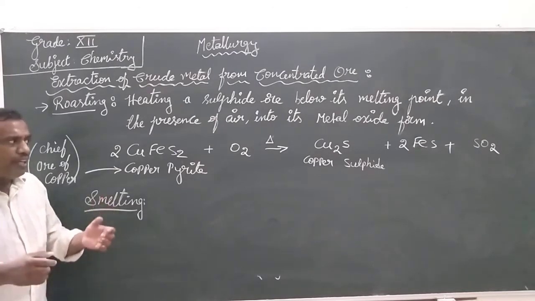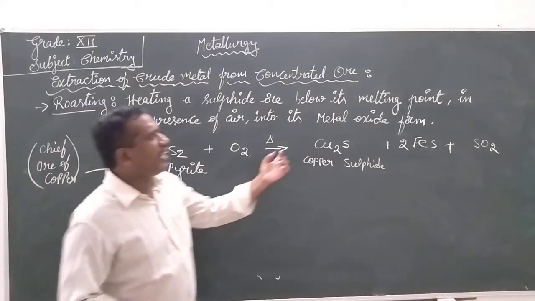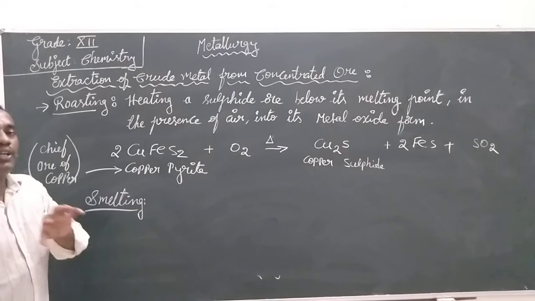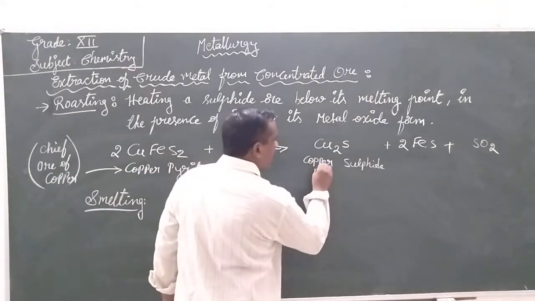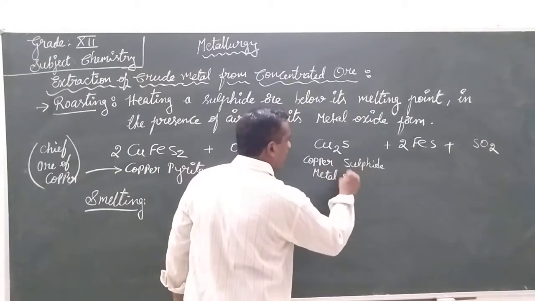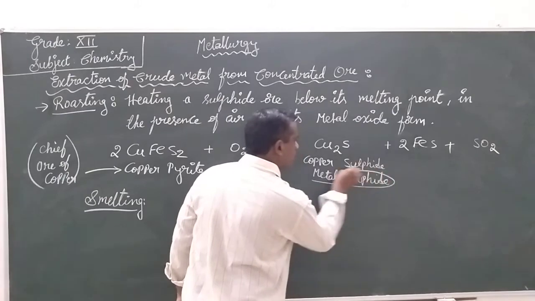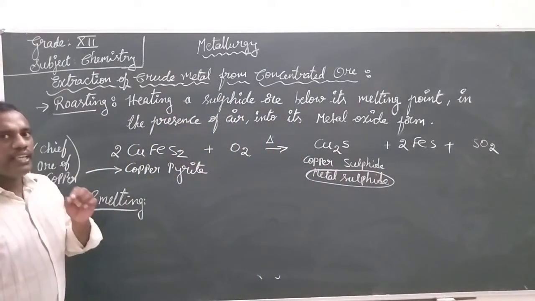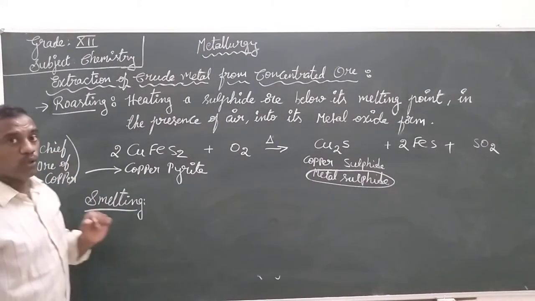Yes. Now, once we get the copper sulfide and iron sulfide, we will still continue this process. We got the metal sulfide ore. There is one problem also to observe.